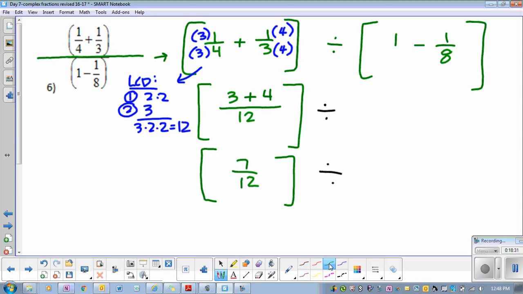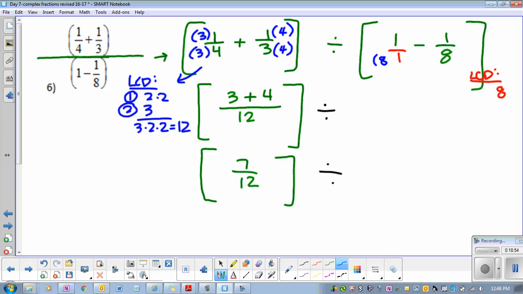So, here, I need to find the LCD. Well, this guy is not a fraction, but if I wanted to turn it into a fraction, it's over 1. 1 and 8, it would be 8, yes. So the LCD is 8 for that one, right? So what is the first one missing to look like 8? 8.